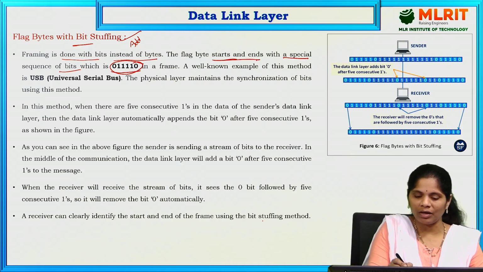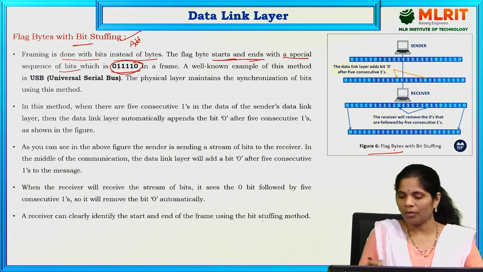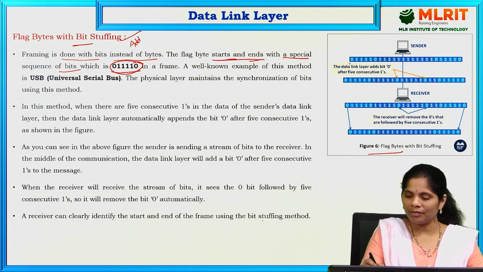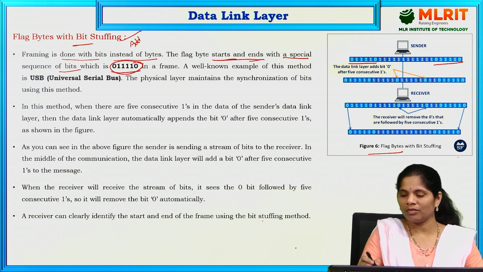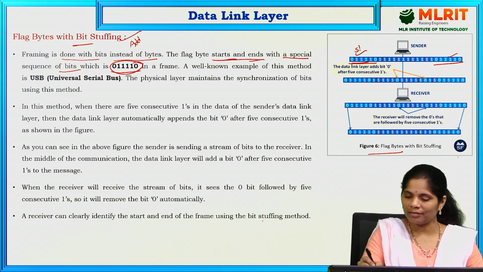At the start and end we add this. See this example: at the starting and ending I am adding 0 1 1 1 1 0, and at the ending also 0 1 1 1 1 0. If we add this special type of bits, the receiver will understand that this is the start of the frame and this is the ending of the frame.